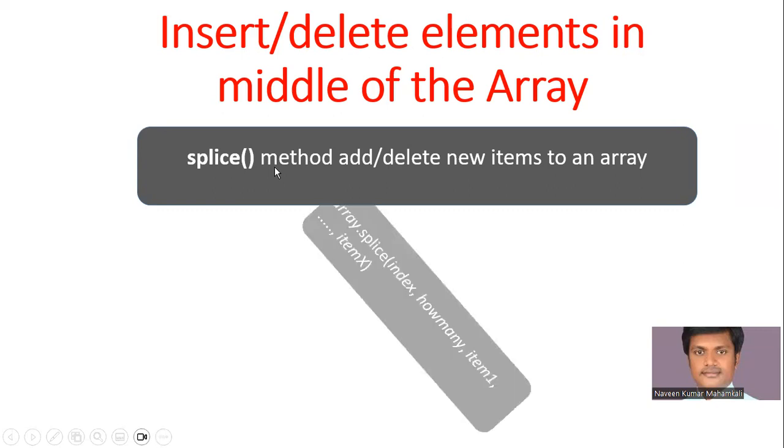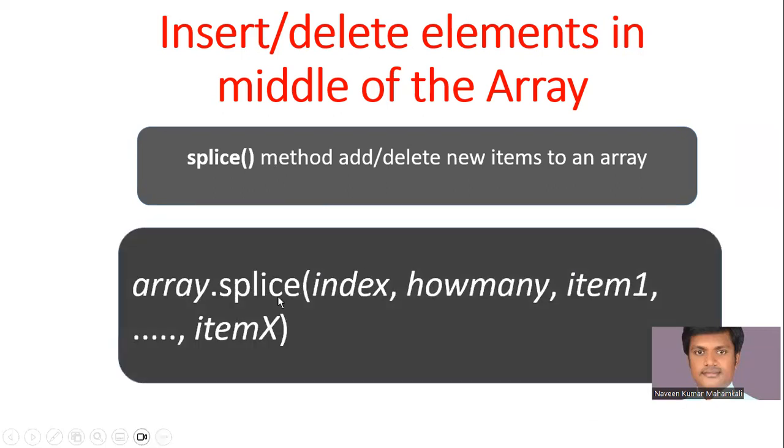Have a look at the syntax of the splice function. array.splice: the index where you are going to insert the elements, that is the index; how many items to be deleted from this index; and item1, item2 and so on are the elements to be inserted from the index.